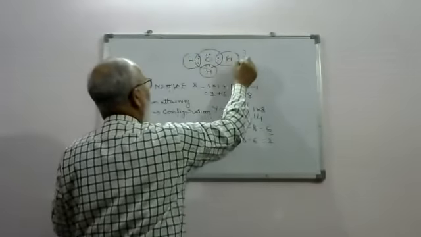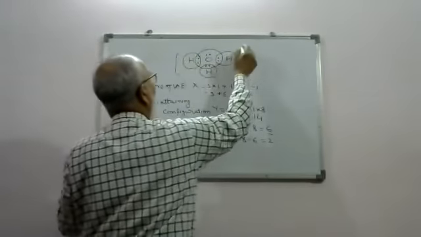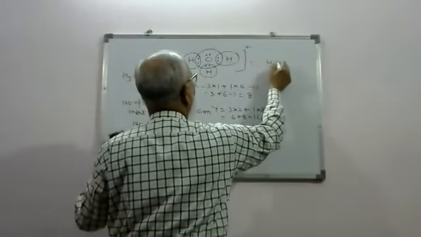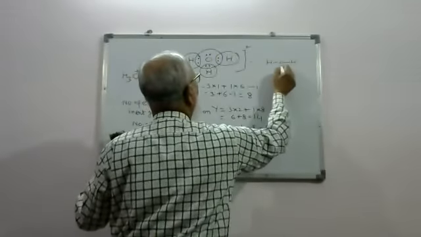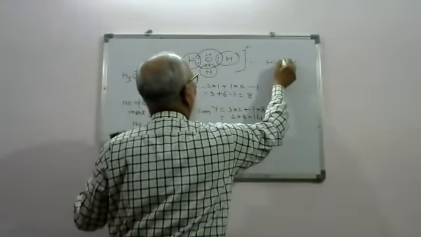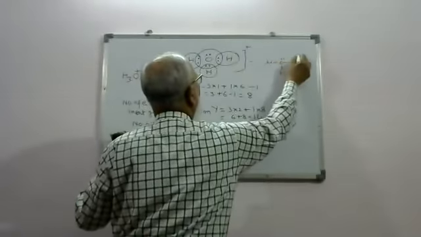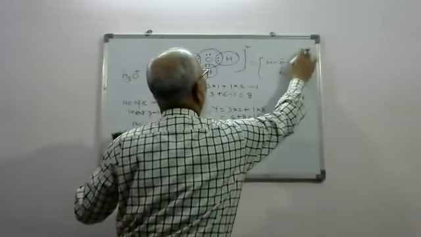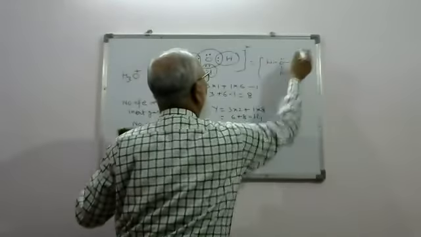So this is a completed octet. This will be one positive charge. Dash formula for this will be H, O, H, H, and this is your one lone pair, and this is your one positive charge.